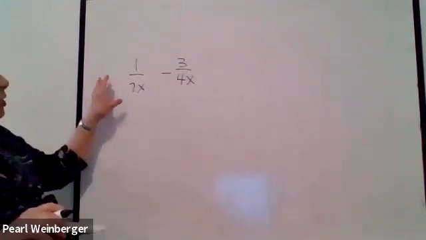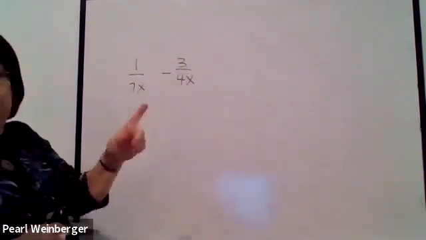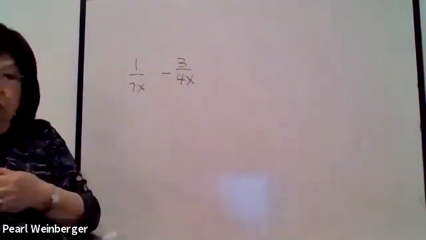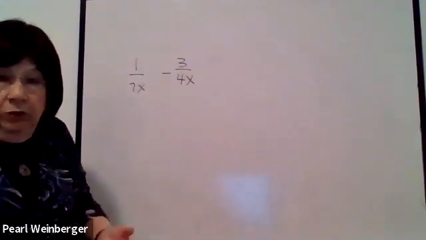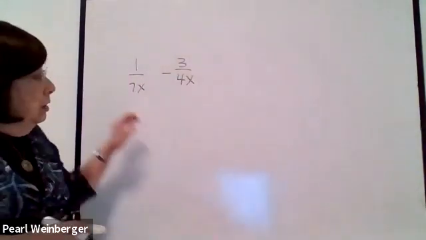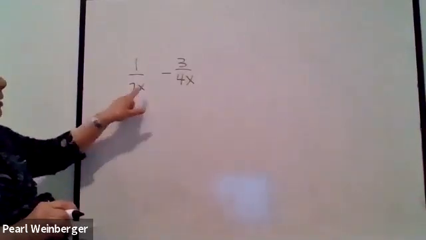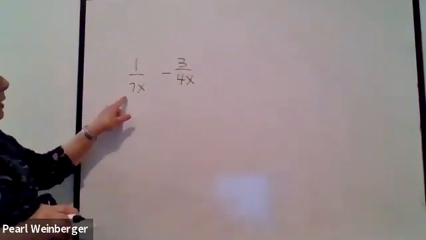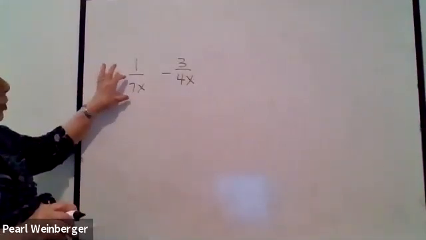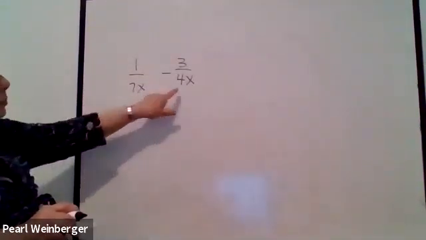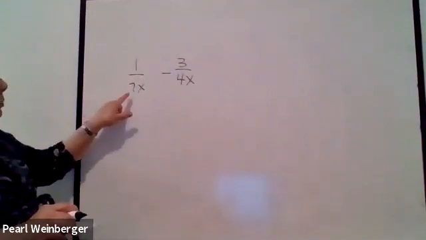I'm going to do this one that has single terms as the denominator, and then I'm going to do one that has polynomials or multiple terms in the denominator. When you're looking for a common denominator of monomials, you take the numbers separately and the letters separately.